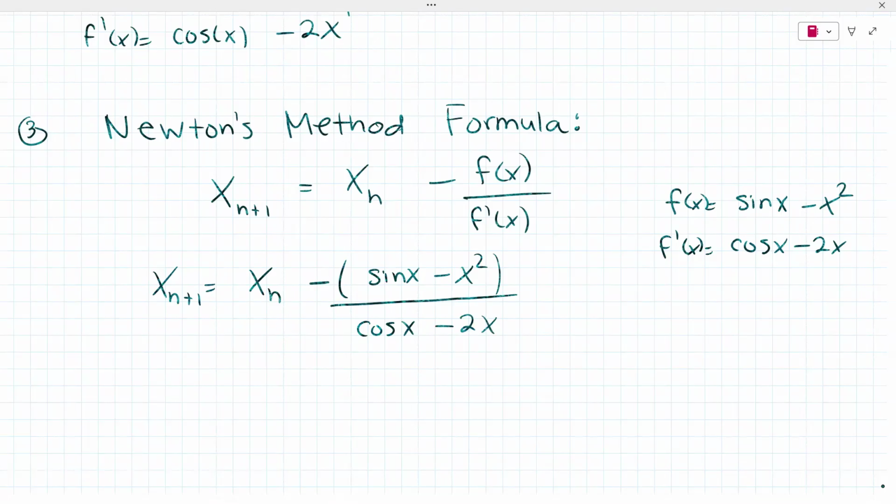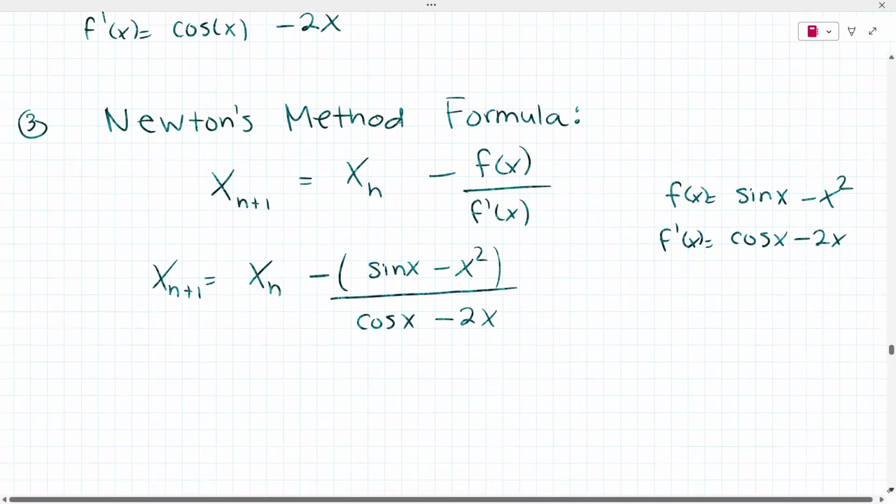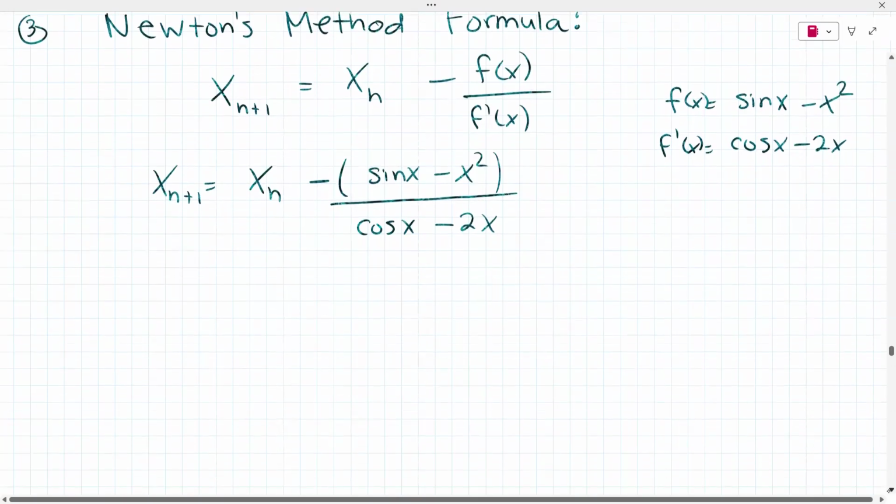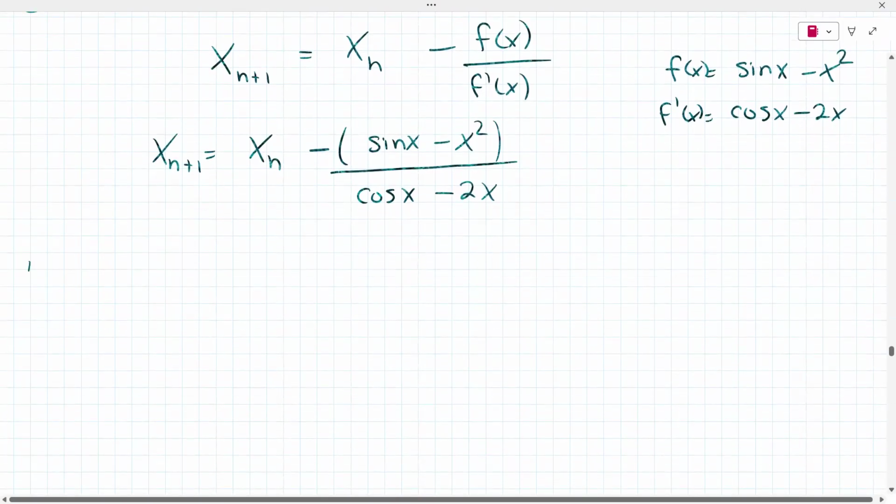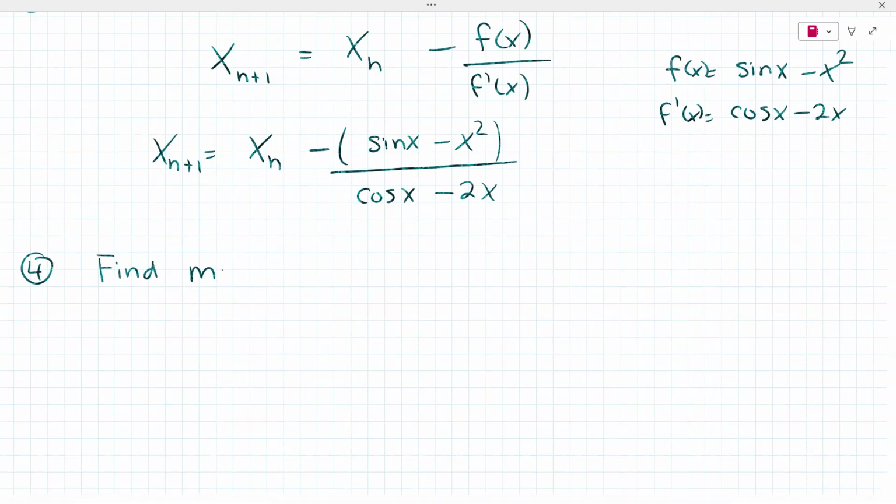Okay, and then step 4 is find the midpoint of the interval. So if we're going from 0 to 2, what would be the midpoint?